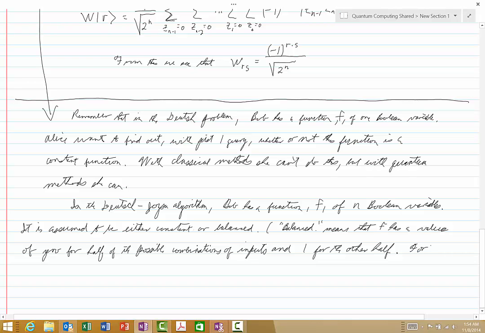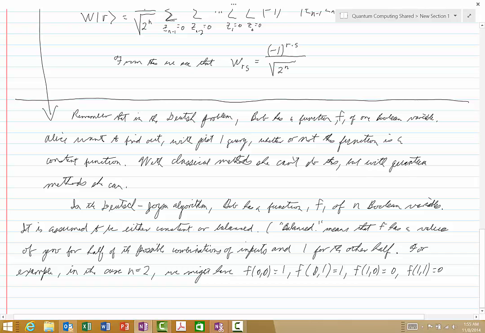For example, in the case n equals 2, we might have f of 0, 0 equals 1, f of 0, 1 equals 1, f of 1, 0 equals 0, and f of 1, 1 equals 0.